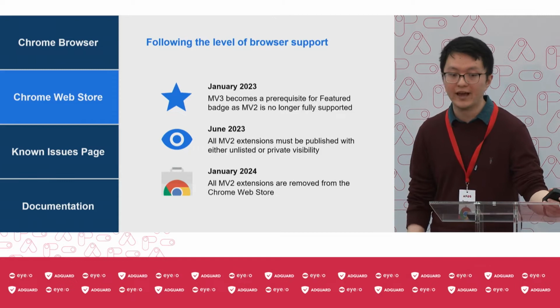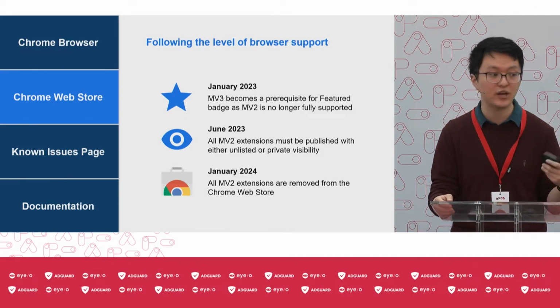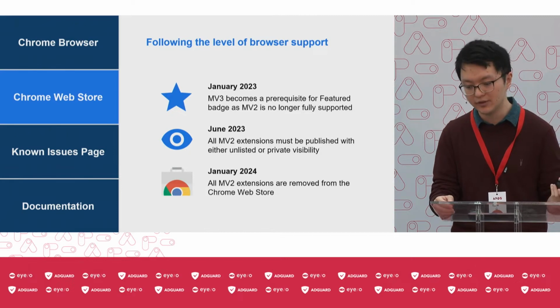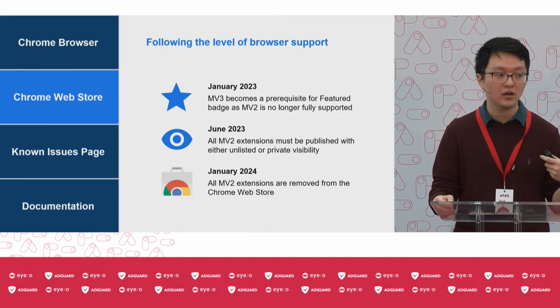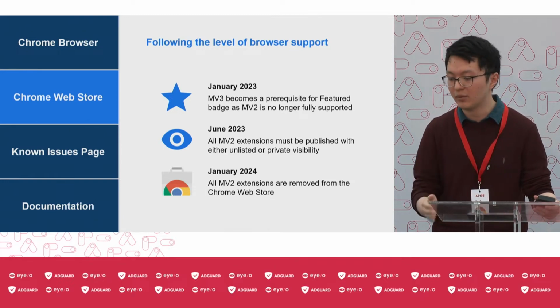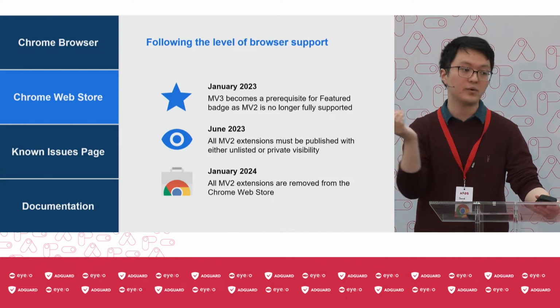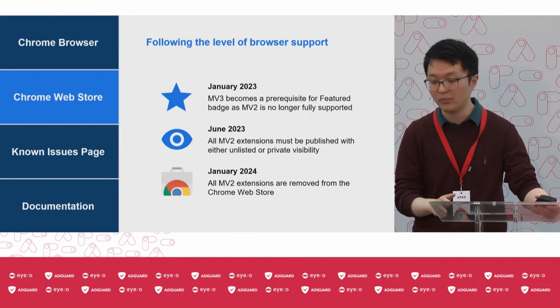We also looked at, given those changes to the browser, what would be appropriate changes in the Chrome Web Store itself, and what would make sense given that functionality shift is happening in the browser. Here are the same dates that correspond to the ones that you saw on the browser side.